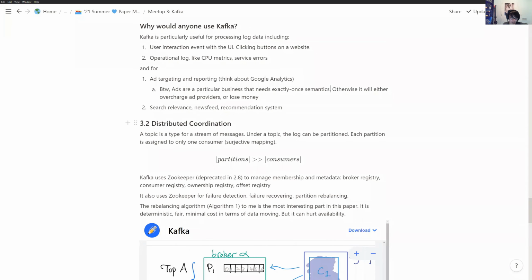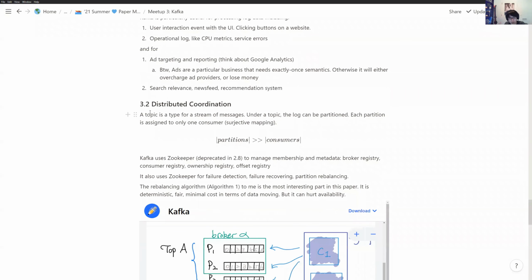I want to pay attention to section 3.2, distributed coordination, where the authors talked about how they partition the log in Kafka. So to give you some basic concepts, a topic is a type for a stream of messages.